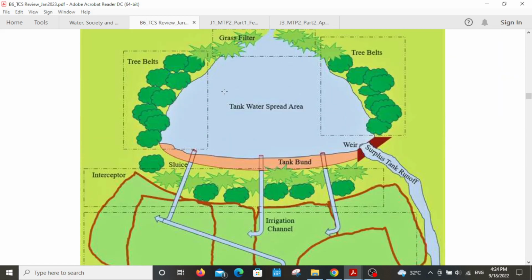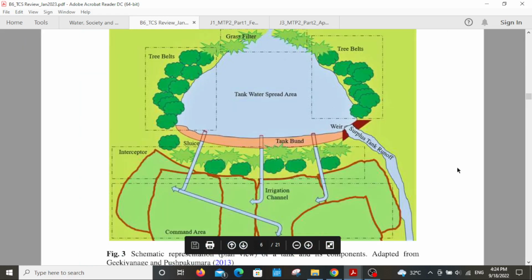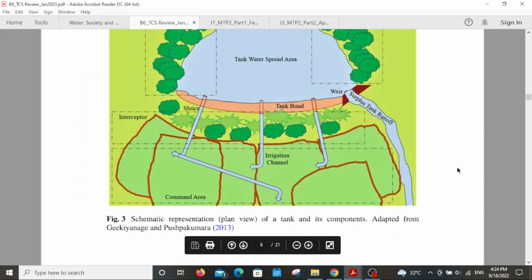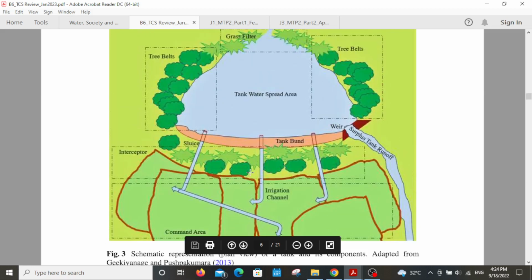Furthermore, here is another view for understanding the tank system, the plan or top view, to understand the components of the tanks. This is the earthen embankment which I was talking about in the previous diagram, and this is the surface water storage area where the rainwater or surface runoff is harvested.